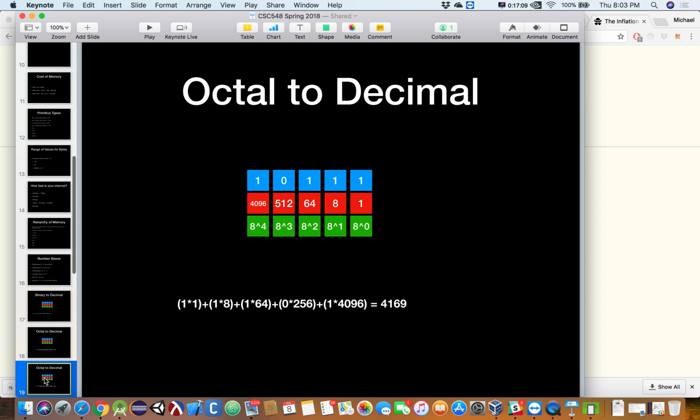Here, let's give a more realistic answer for octal. So now for octal, I can change this because this could be 7, 2, 0, 5, 4. So that's using a little bit more of the octal alphabet, right? So this is going to be 4 times 1 plus 5 times 8 plus 0 times 64 plus 2 times 512 plus 7 times 4096.